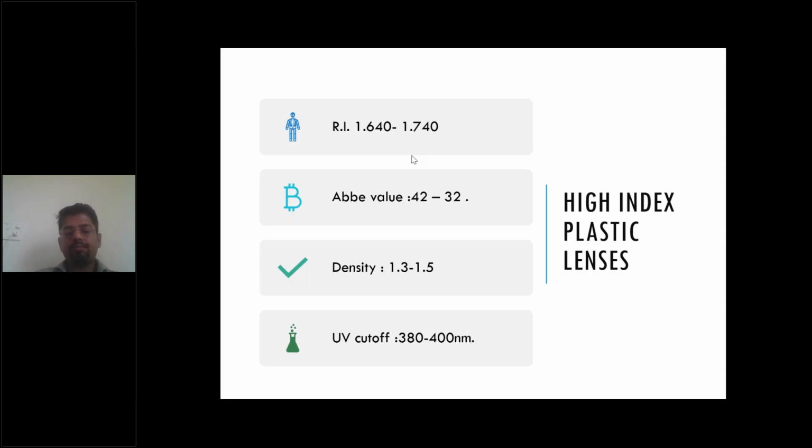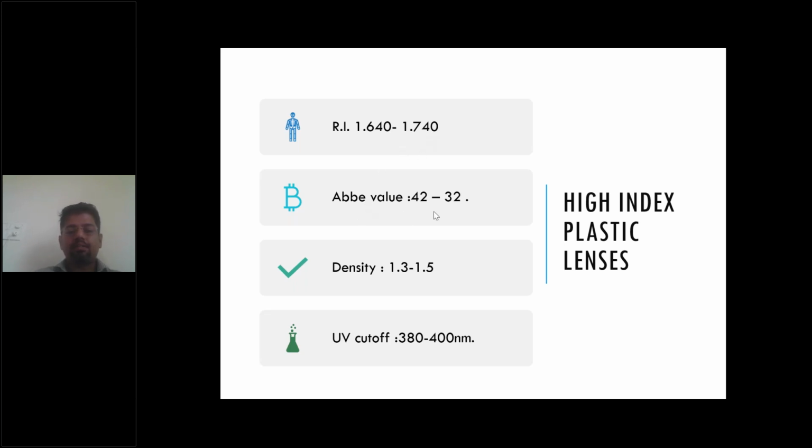We have to order from Germany, and other than this 1.74 index, everything is made in India, in our plants, but 1.74 index is made only in Germany for us. I don't know about the other companies, but 1.74 is not readily available, and of course it is a highly costlier lens than any other lenses.